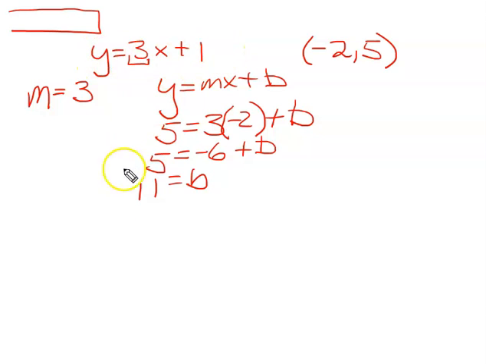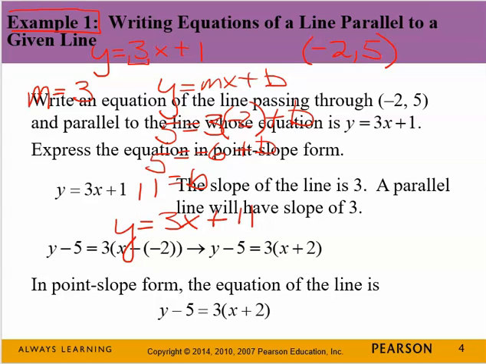So now we rewrite it. y equals, we know our slope is 3. We need to put the x, and our new value for b is 11. Wow, that's nice. Let's see what it looks like here. Now they're just substituting into point slope form, which is another way to do that.